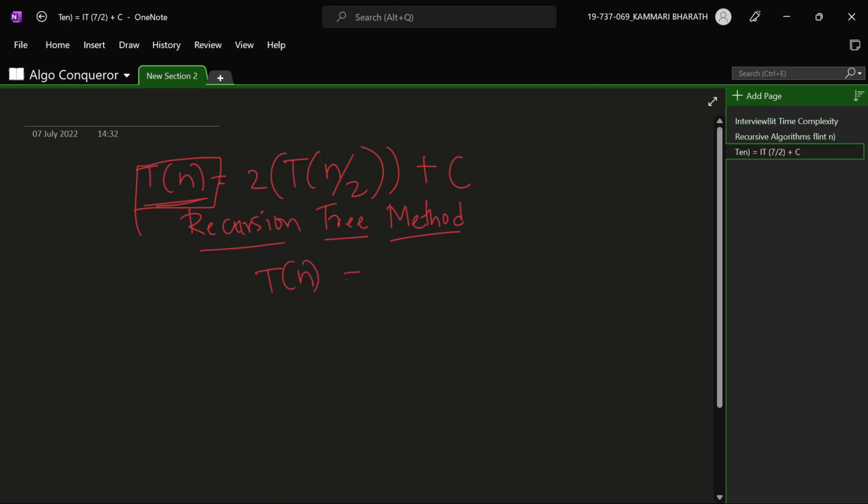How can you write T of n? c and 2T of n by 2. I hope you got how I have written it. And if you calculate the sum of all nodes of this tree, you will get the time complexity.